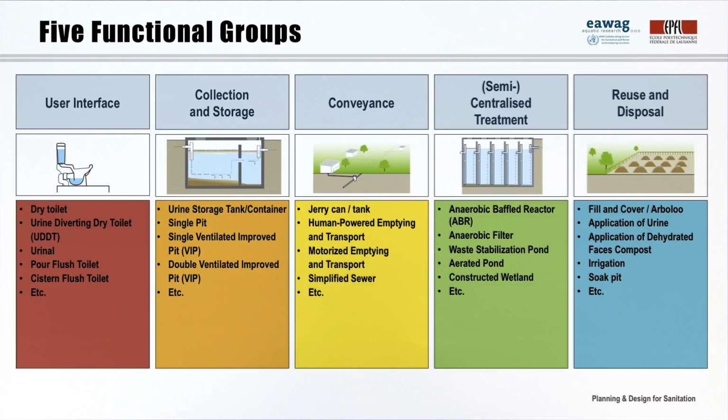In this module, we will start looking at the different technologies which can be used to design a sanitation system. We will go through the technologies functional group by functional group, from the user interface to final disposal or end use. In this course, we cannot cover all technologies in detail, but we will give a brief introduction to most of them.